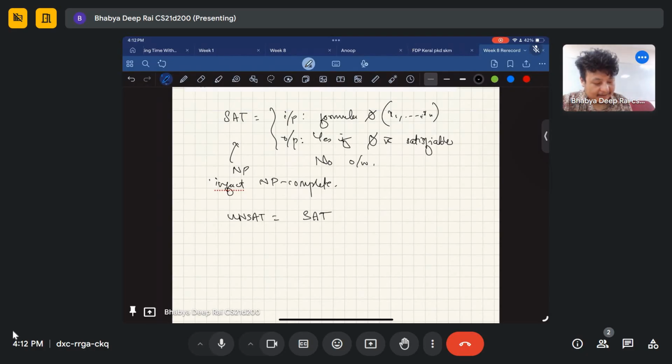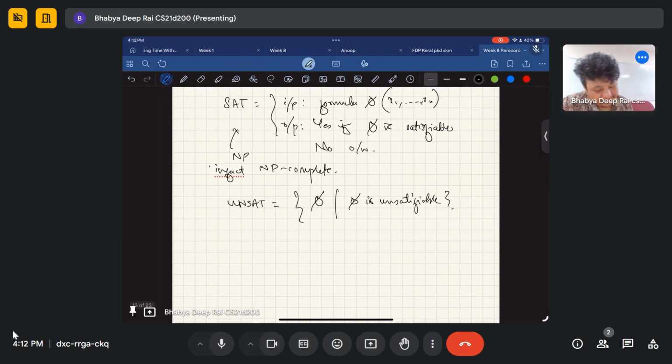It is the complement of sat's answers. Okay. So it says that phi is unsatisfiable. Right. So that is unsat.